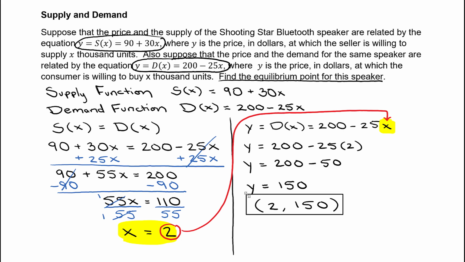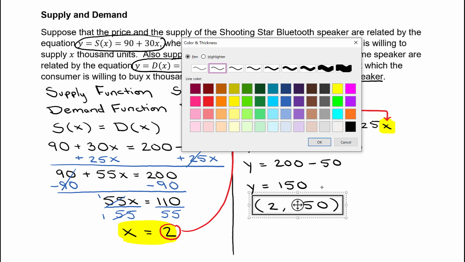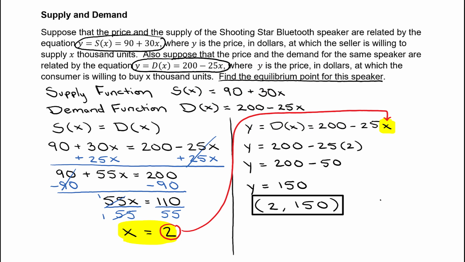Now, if you are asked to explain further what these numbers represent, I'm going to go ahead and write down what each of these numbers represents. So here the 2 represents the number of units, and it did say in the problem that it represents 1,000 units. So I'm going to draw a little arrow pointing up at the 2.